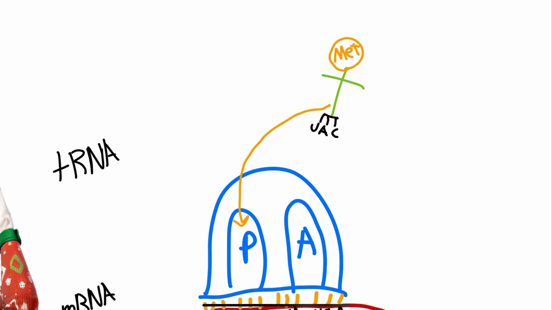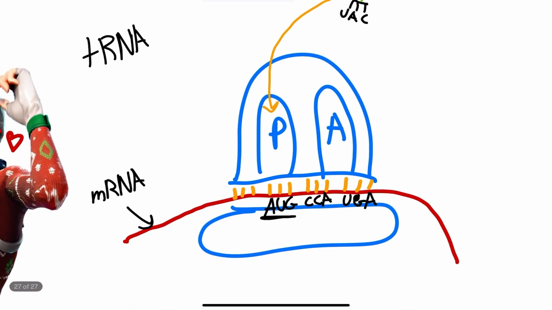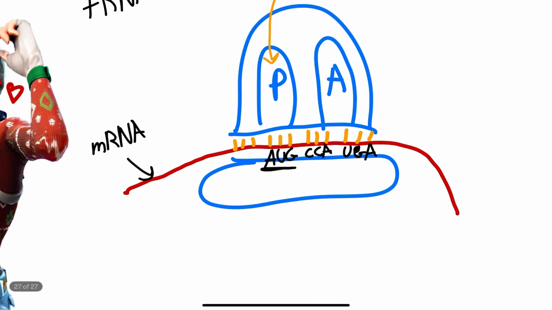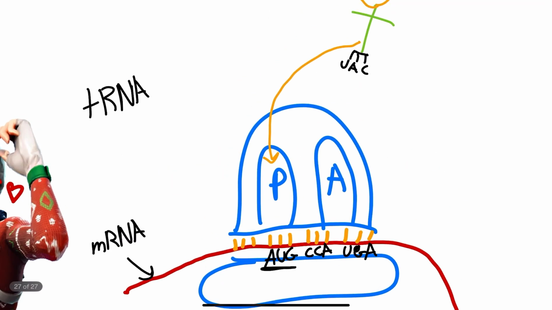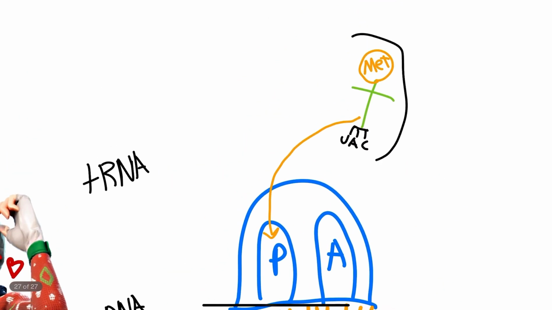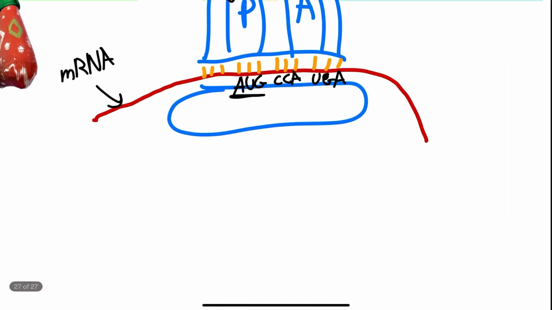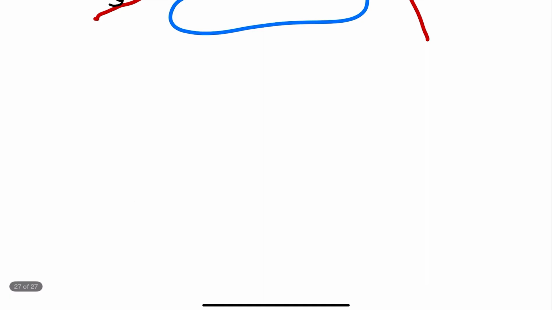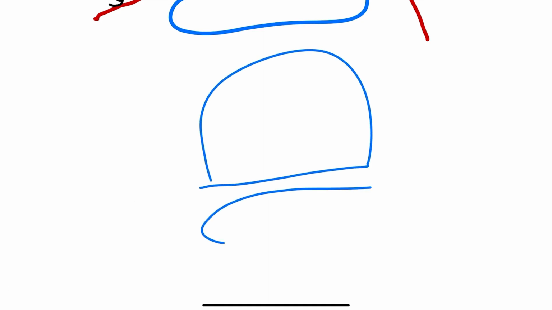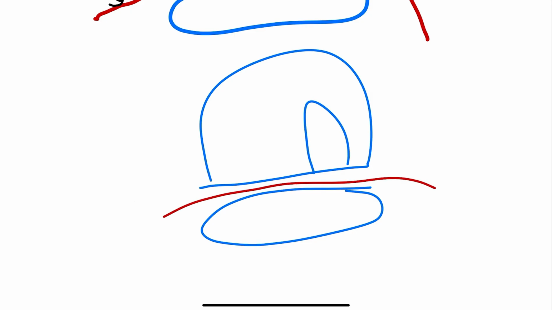So now this transfer RNA, it's gonna go in here. So let's redraw the whole thing. So we got this, we got this, we got this, this, and this.